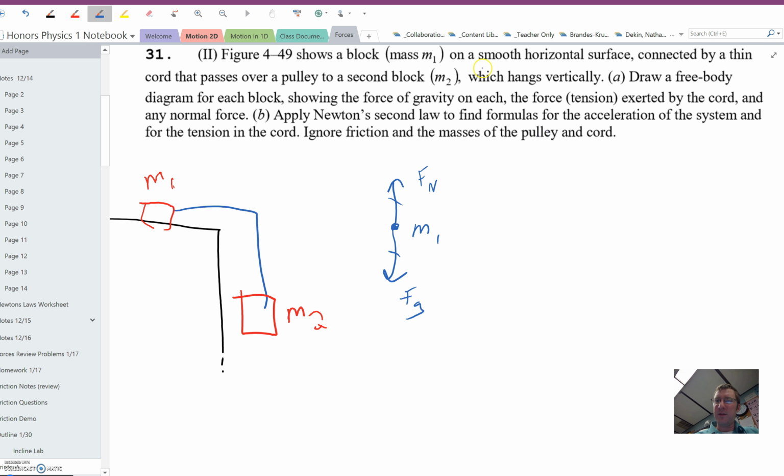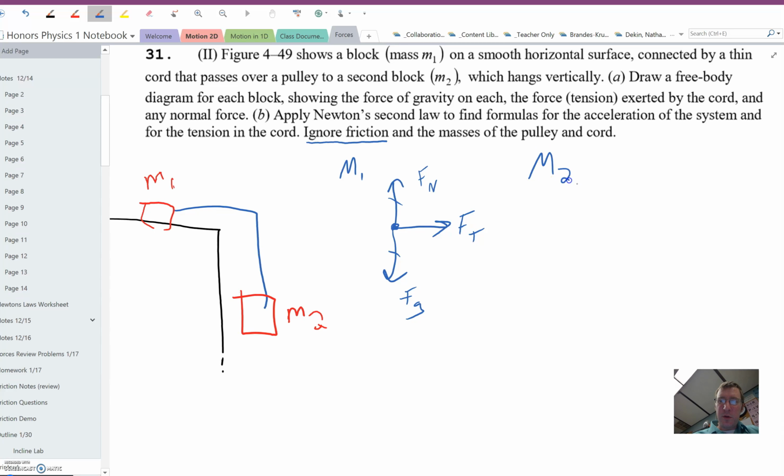Oh, no, it says a smooth horizontal surface. Smooth oftentimes means that we are ignoring friction. Okay, so apparently we are ignoring friction on this, which means the only force acting on it is Ft, the tension in the rope. So here's our mass 1.